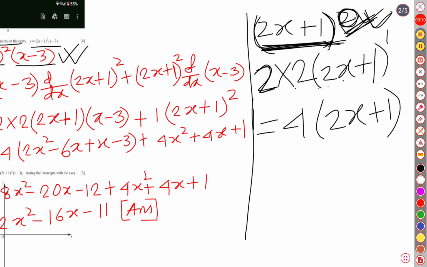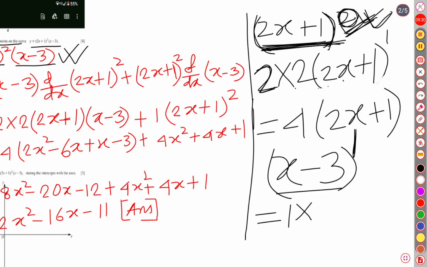Now let's talk about the second function. Our second function is x minus 3. Once again we are repeating the same steps. Here the exponent is 1, the degree is 1, so 1 will be written over here. Then the function should be written, but before that we look at the inner function. In the inner function there is x, whose degree is 1, so 1 has already been written there, and the exponent will be reduced by 1.